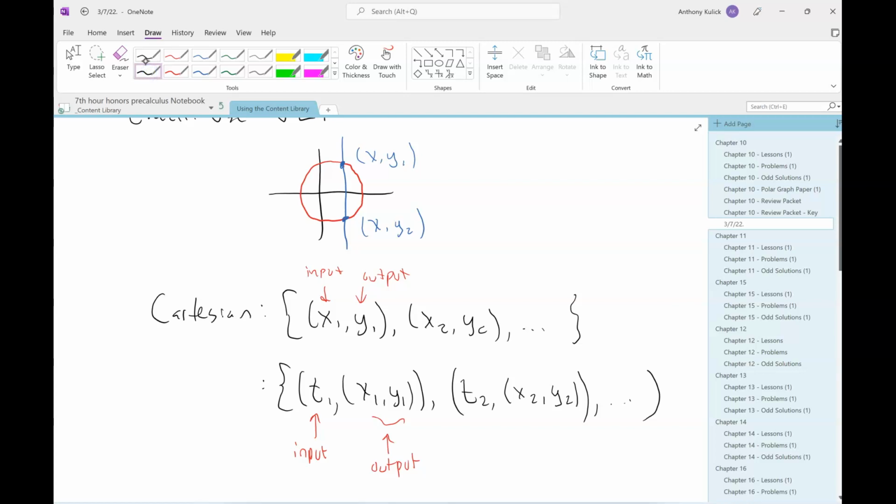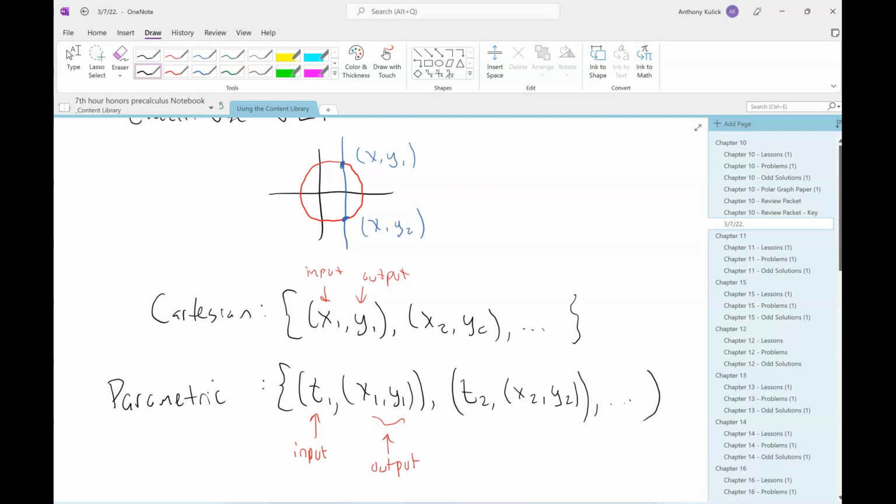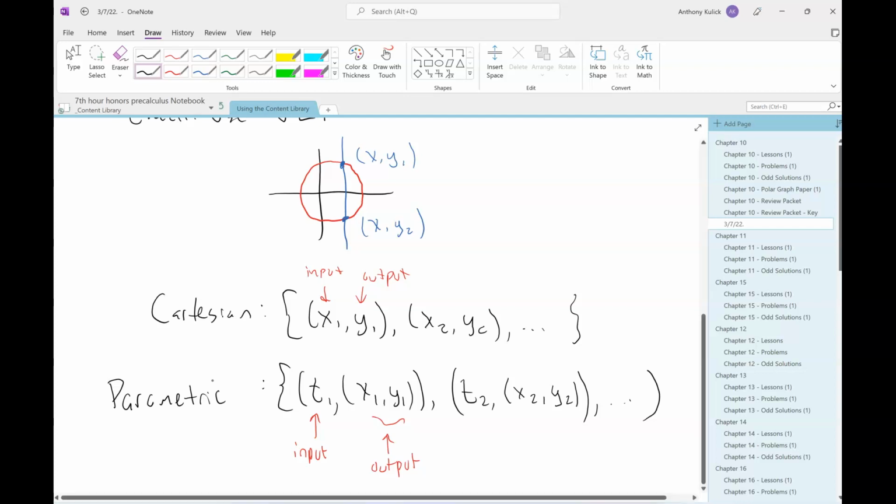And that's exactly what we're going to do when we create these parametric functions. So the parametric function still fits our definition of a function, but that vertical line test need not apply anymore.